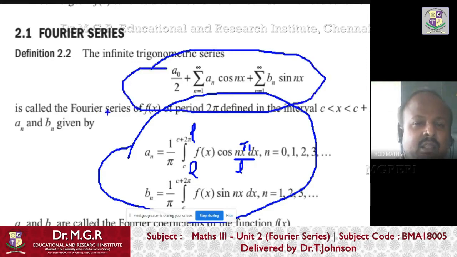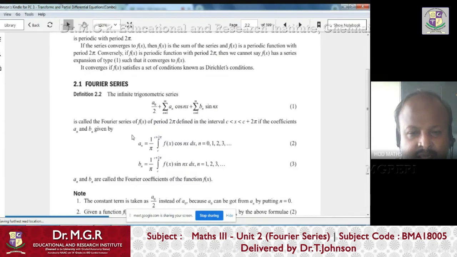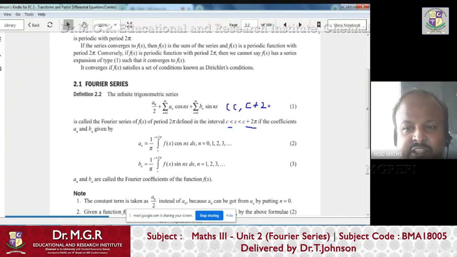They take this assumption here and start doing problems. But in general, it can be defined for any interval from C, the constant starting point, to C plus 2 pi, the ending point. So it is an interval C comma C plus 2 pi, in which the function is defined, and it is also periodic in nature.